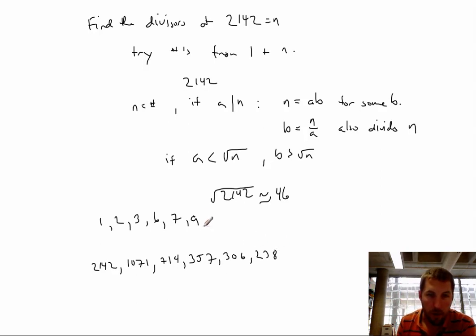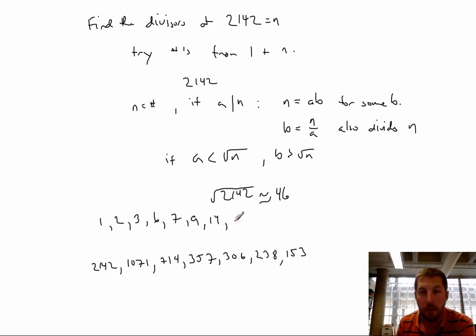Okay? Does 10 go in? 5 doesn't, so 10 doesn't. Does 11 go in? Nope. How about 12? 4 doesn't, so nope. 13 might go in. Check it. Nope, doesn't. 14, 2 and 7 do go in, so 14 definitely goes in. 14's partner is going to be 153.